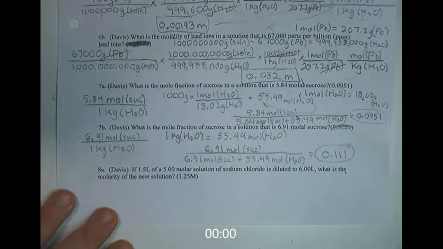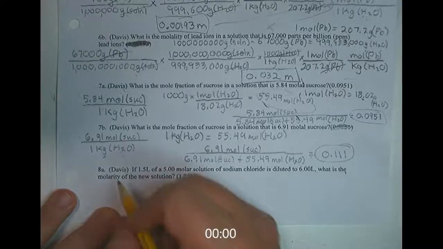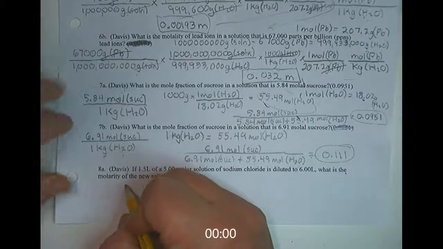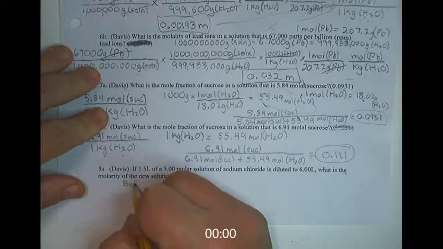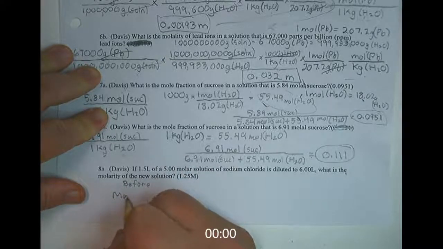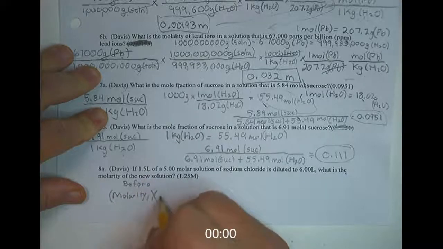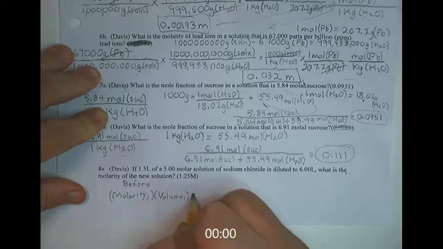It's a really simple formula, as long as you're dealing with moles and liters, volume in liters, and molar solution. It's basically this. Before, you have a molarity. In this case, it's 5 molar. So we're going to call that the before molarity, molarity number 1, and the volume before, which is 1.5 liters, volume 1.